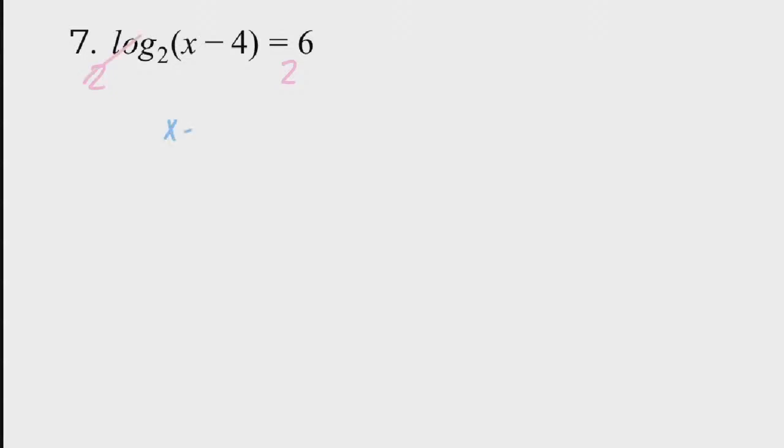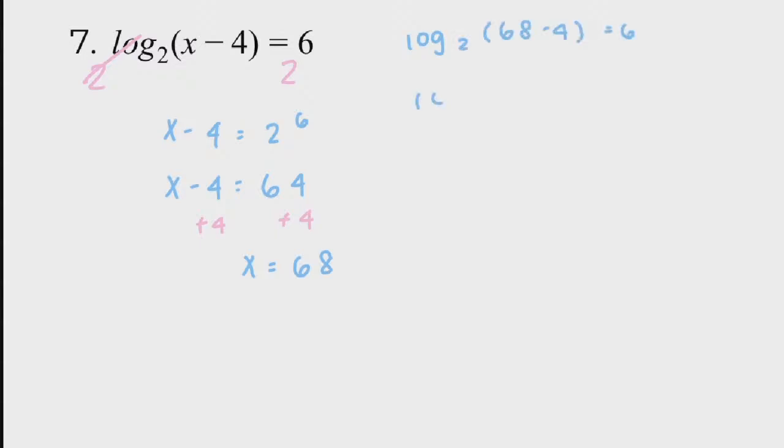So we have x minus 4 equals 2 to the 6th power, which is 64. And then if we add 4, it's 68.